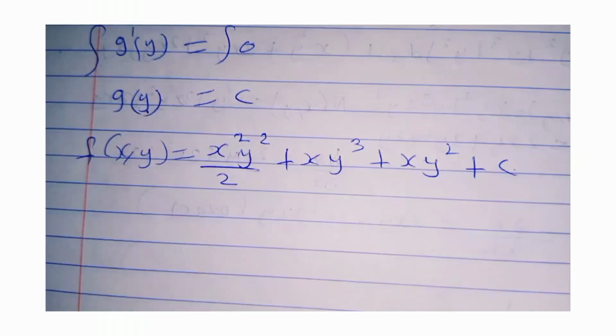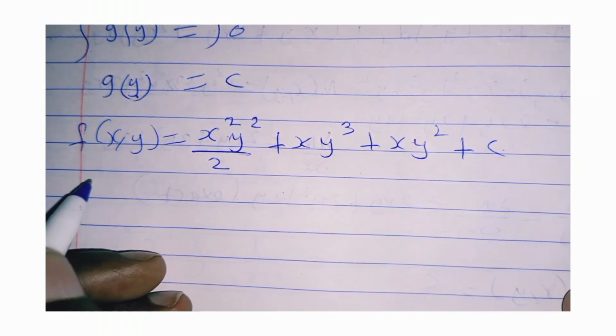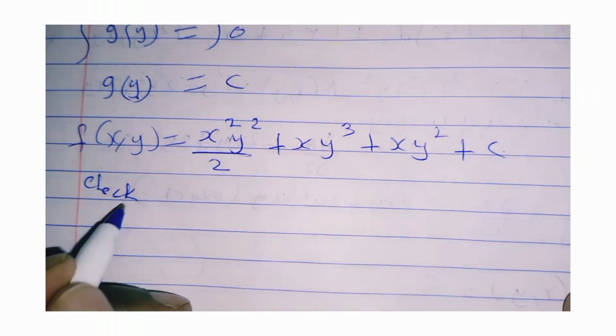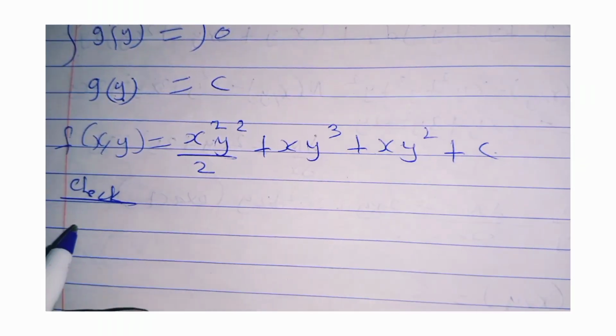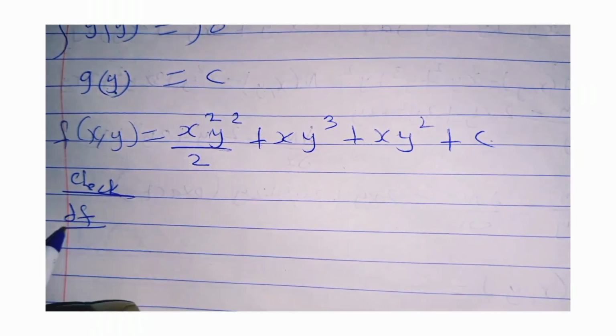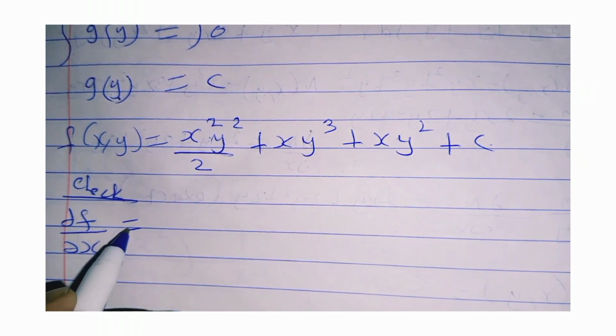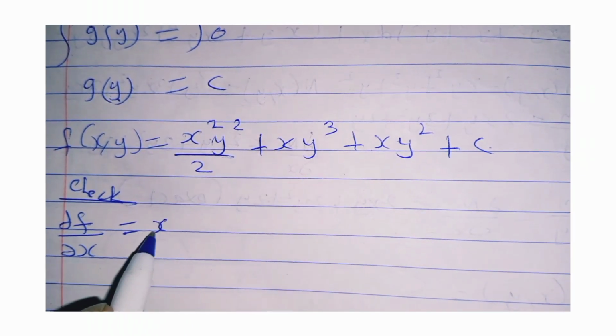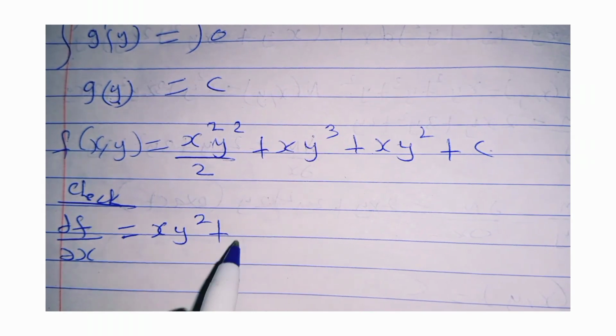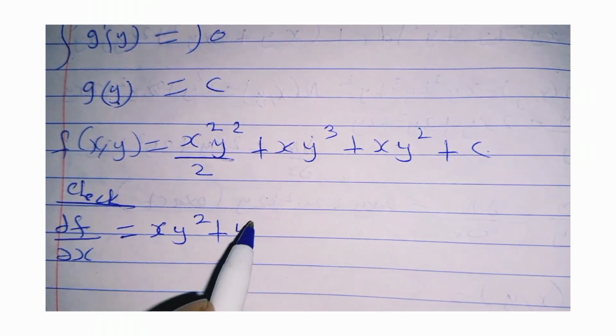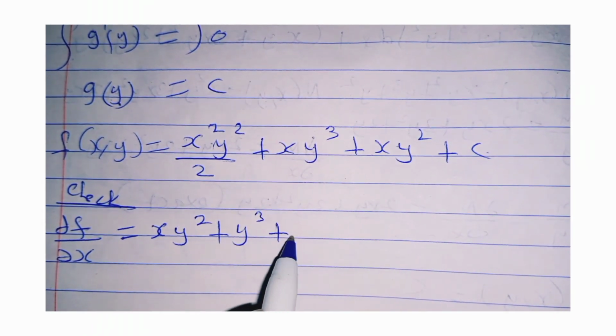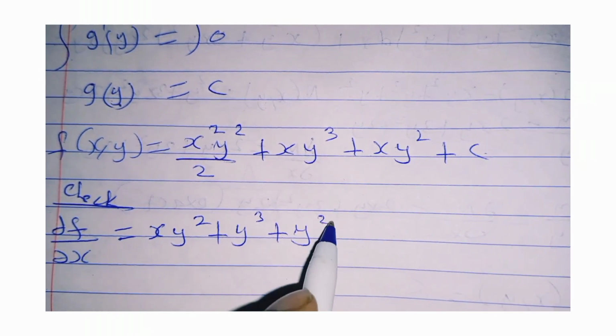If you want, you can check whether your working is correct. So we check by getting the partial of f with respect to x. In our case, we are going to get x y squared plus y cubed plus y squared.